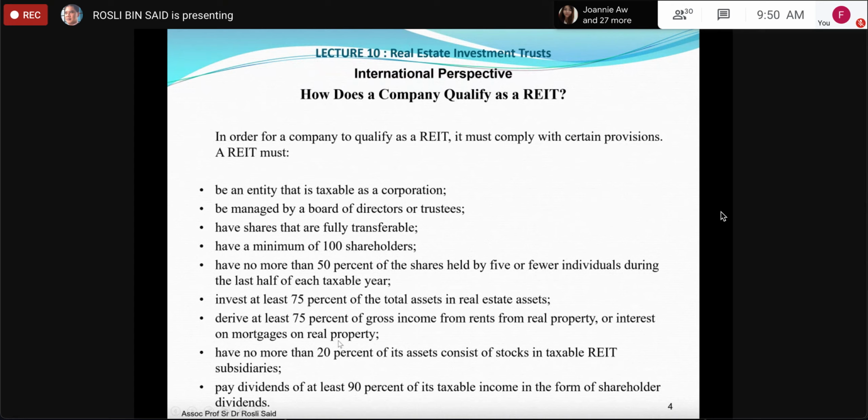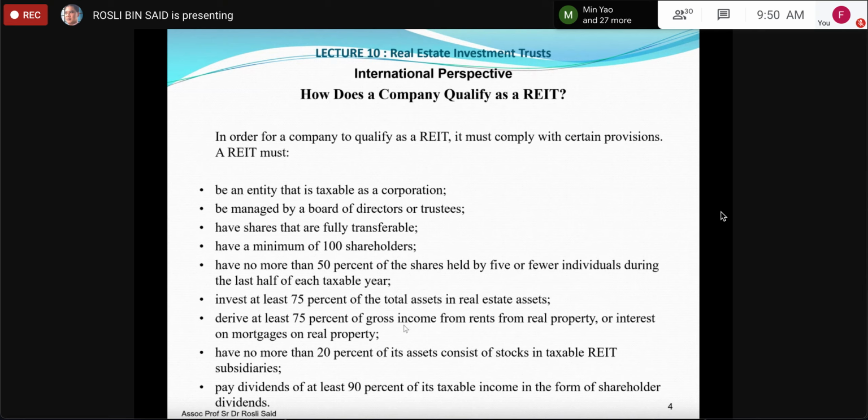Can you see the difference? Oh, okay. So that's what it means here. So in Malaysia, we cannot become banks. A REIT company is not a bank, and in the US a REIT company is also not a bank, but they can actually provide services like the banks are providing.